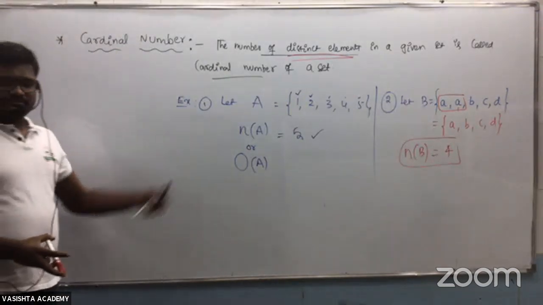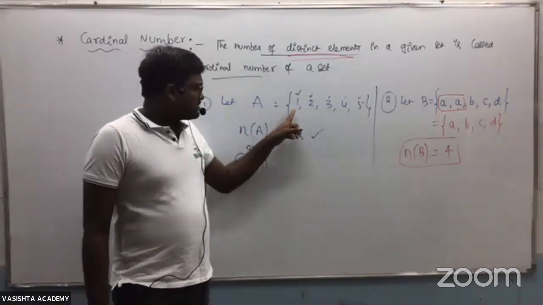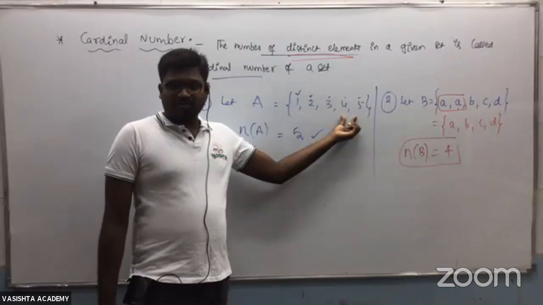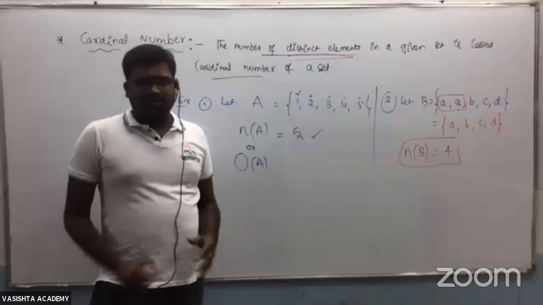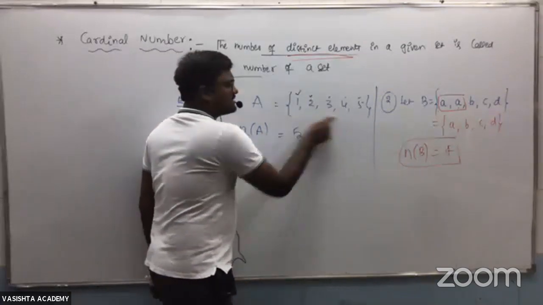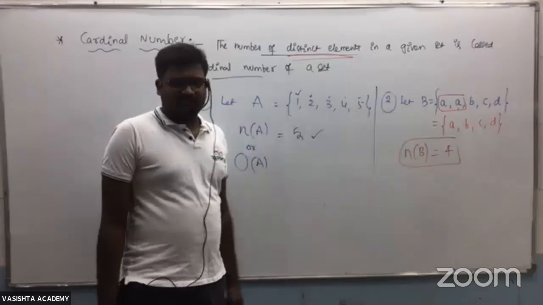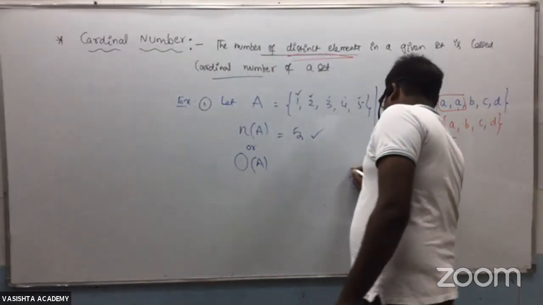Example 1. So it's very simple. Set A is given as 1, 2, 3, 4, 5. So 1, 2, 3, 4, 5 numbers belong to set A. I said number of distinct elements. So how many elements you can see in this set? 5 elements. That's why number of elements in set A is 5. Just for more clarification, I will give you one more example.